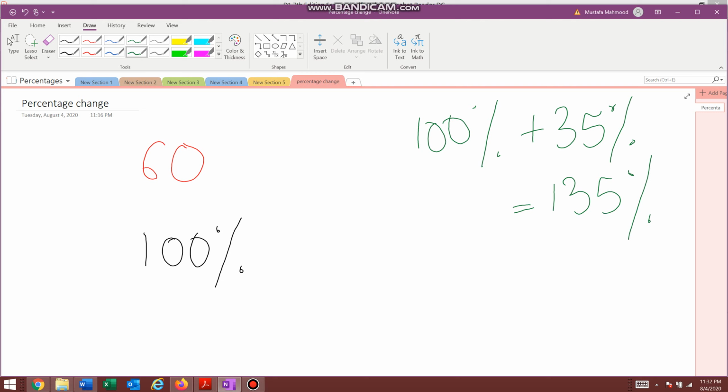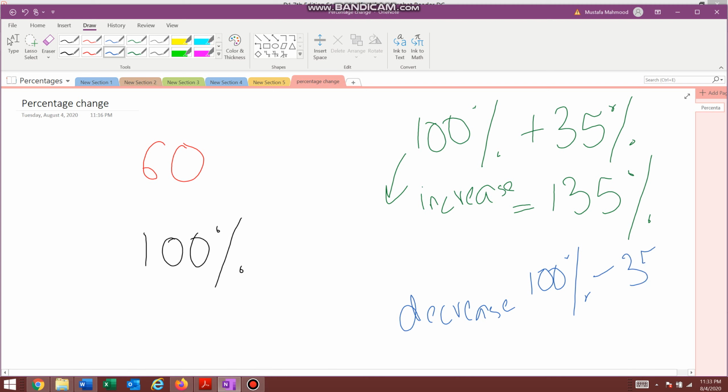That is what increase means. When you have to decrease, let's suppose I say decrease 60 by 35%. If increase means that we have to add 35% to 100%, decrease would mean you have to subtract 35% from 100%, which is 75%.